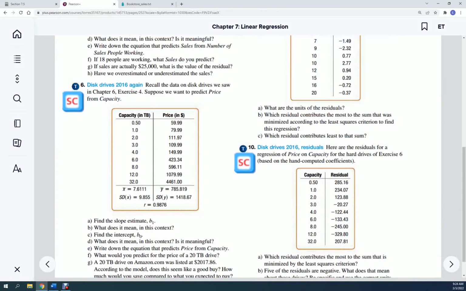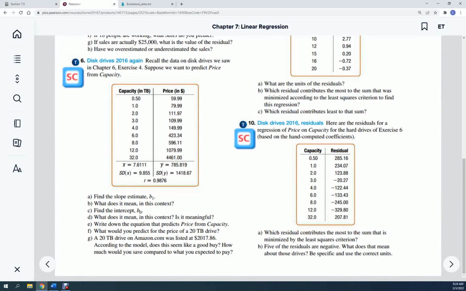Okay, so let's look at number 10. I'm going to go through the same idea here and see how this works out. Same idea, which residual contributes the most? It's the one that is the biggest number, whether it's positive or negative. In this case, it's the negative 329.8. Now, let's see.